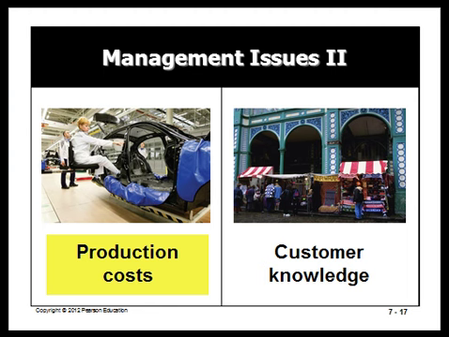Rationalized production is production in which components are produced where the cost of production is lowest. The components are brought together at one central location for assembly into the final product. A potential problem is that a work stoppage in one country can halt the entire production process.